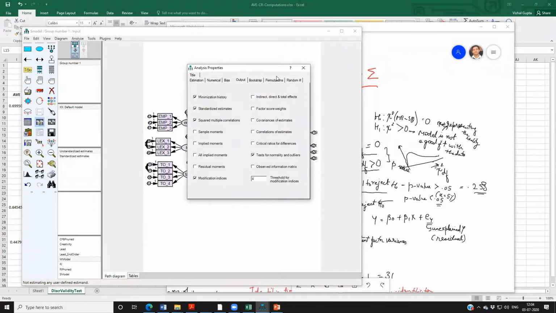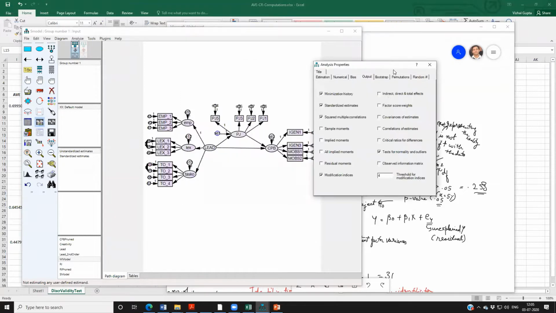Now when we go to the output, because we are now checking paths and testing effects, we ask the tool to give indirect, direct and total effects also.